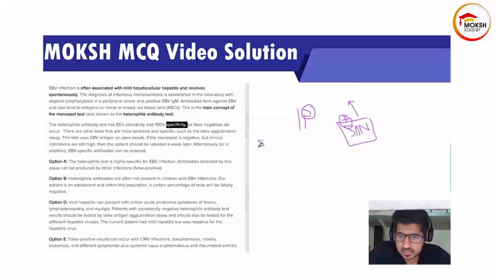And for sensitivity, there's a mnemonic in your First Aid, SNOUT. Sensitivity rules out the disease. So if a test has 100% sensitivity and it turns out to be negative, that means the disease has been ruled out.